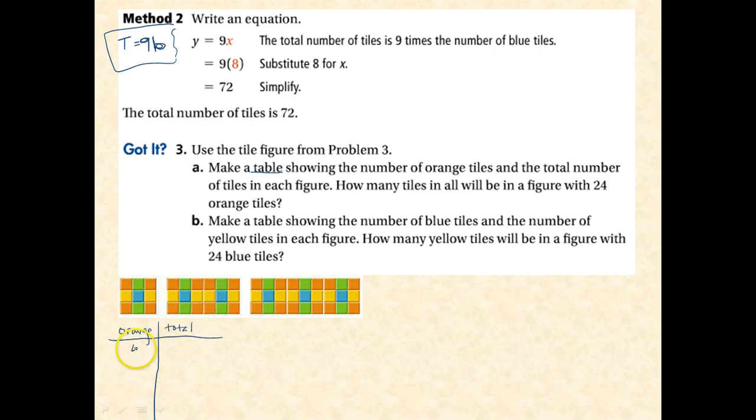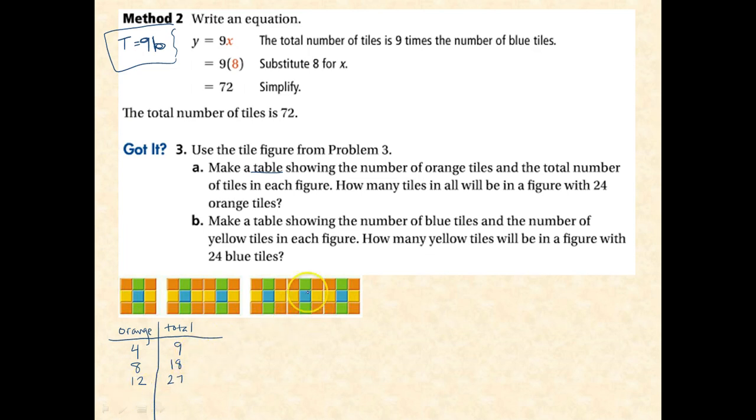When there are 4 orange tiles, there's a total of 9 tiles. In the second one, we've got 8 orange tiles and 18. Here we got 4 times 3, which is 12, and then we had 27.